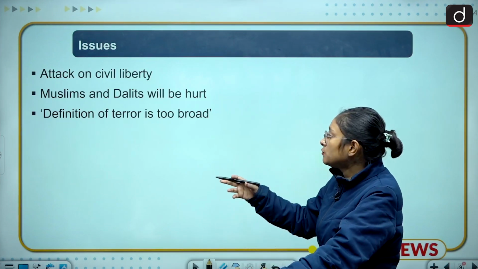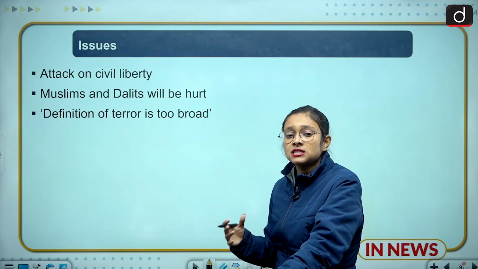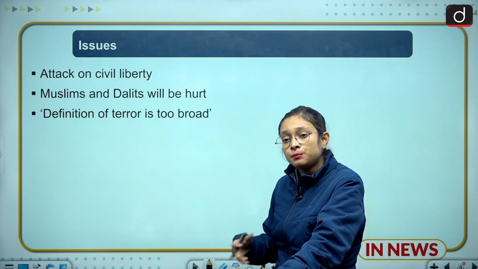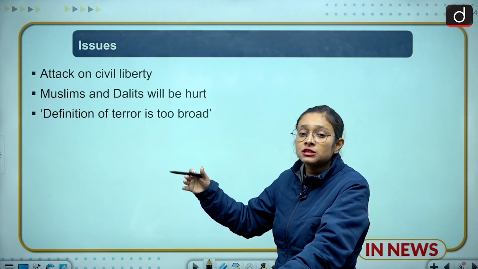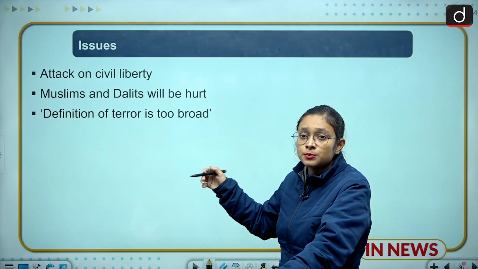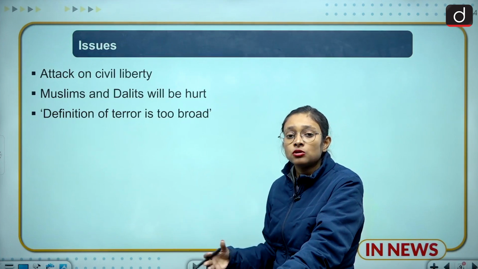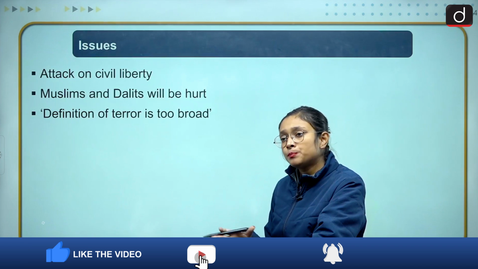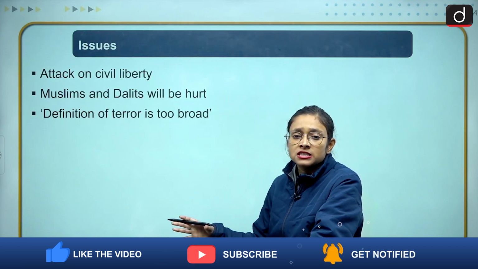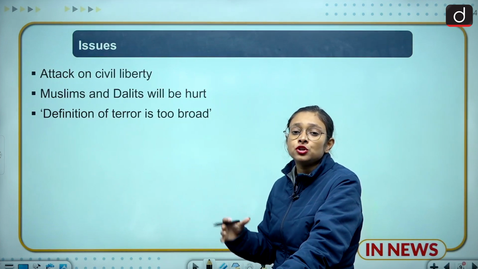And the third is that the definition of terror is too broad. Here we have seen that the terrorist act, which has been defined under the UAPA, and whatever terms and provisions are in the UAPA, are also included in the terrorist act. The difference is that there serious crime is covered, and here even petty crimes are covered. But what we have seen is that for petty organized crime and small crimes, we don't have to take the UAPA into consideration.